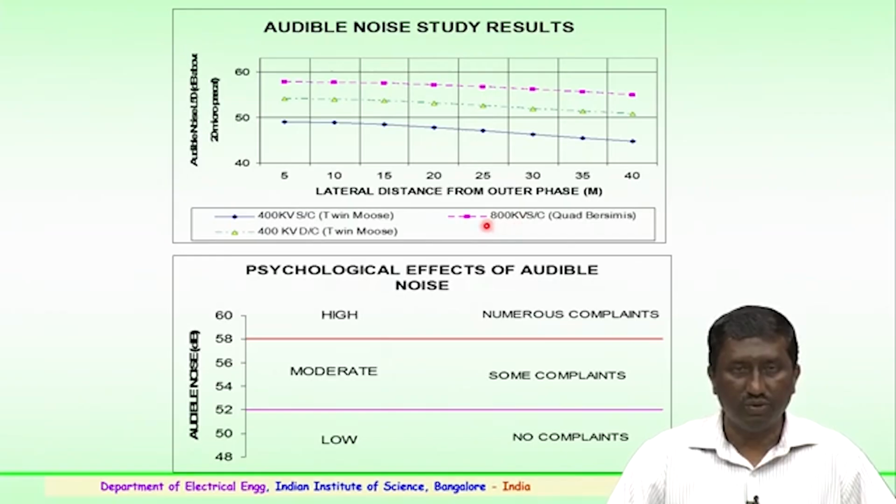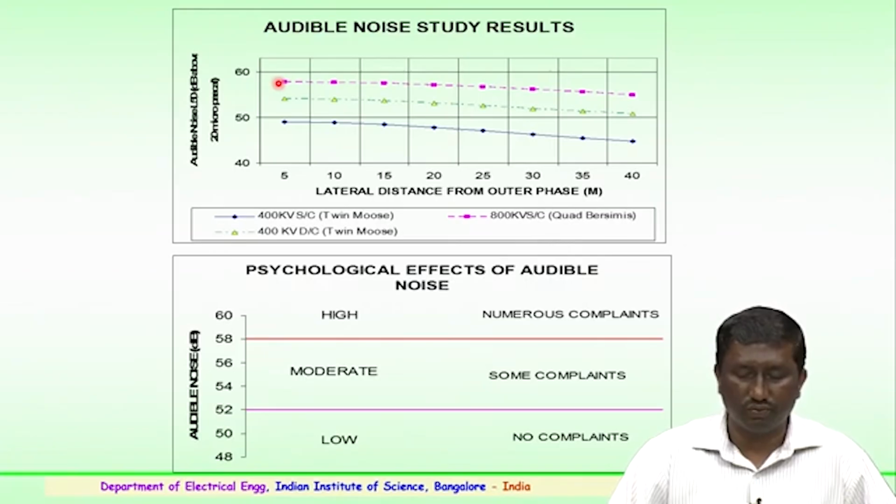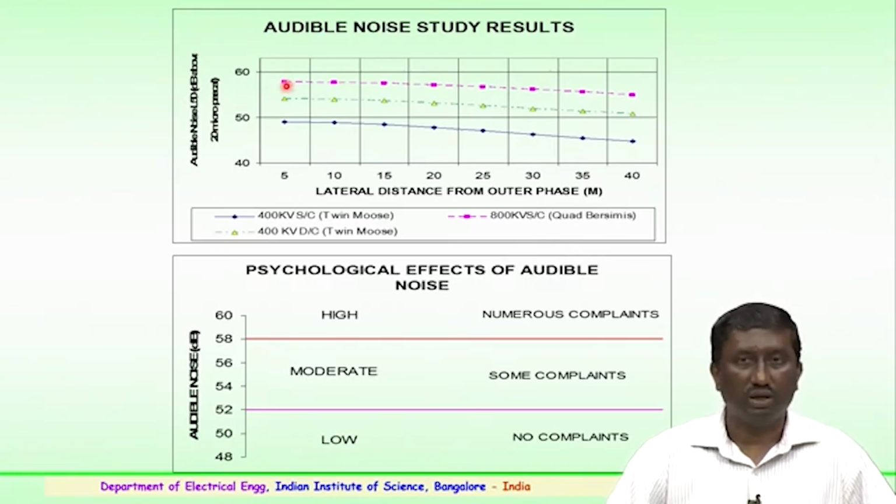For UHV, that is an 800 kV single circuit employing quadruple Bersimis conductors, that is 4 conductor Bersimis, from the tower towards a distance of 40 meters, you see a decrease from 56 or 58 decibels to somewhere around 54 or 55 decibels.